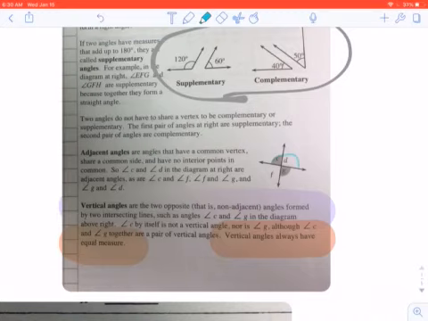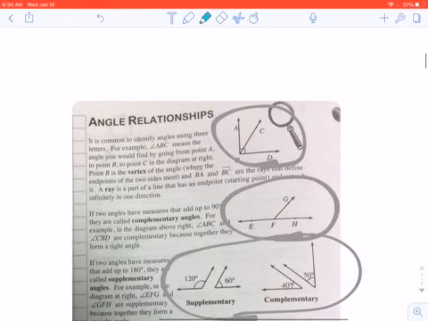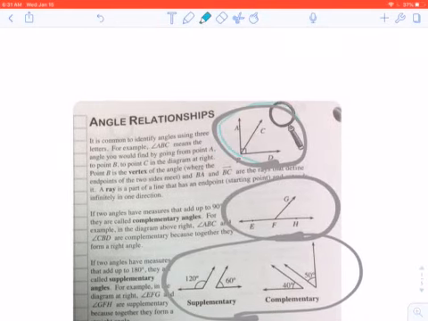So we could also go back up to the top, and we could look at that first pair right here, and ABC is adjacent to CBD, and the same in the supplementary pair, that EFG would be adjacent to angle GFH.